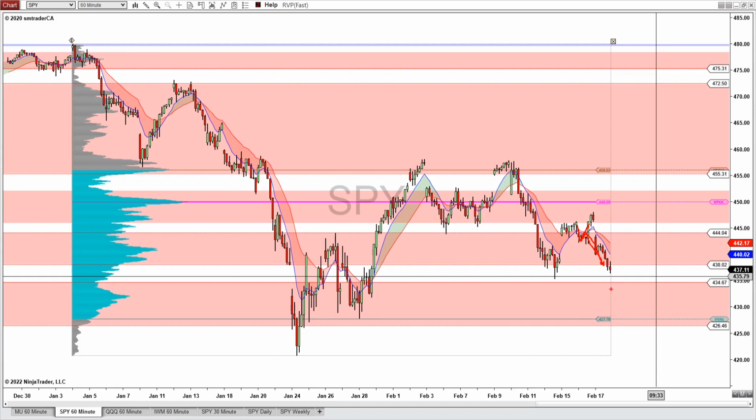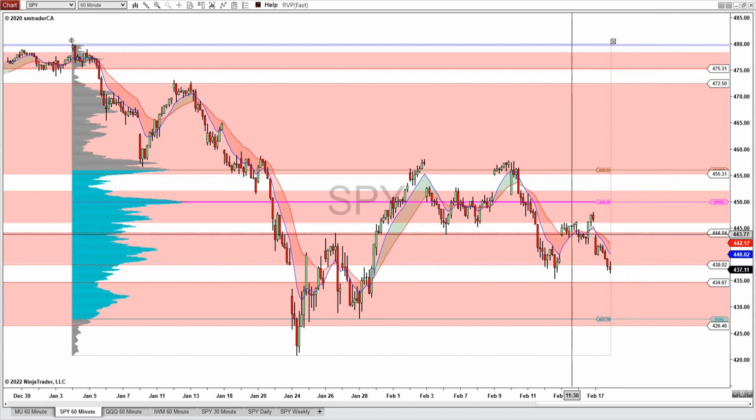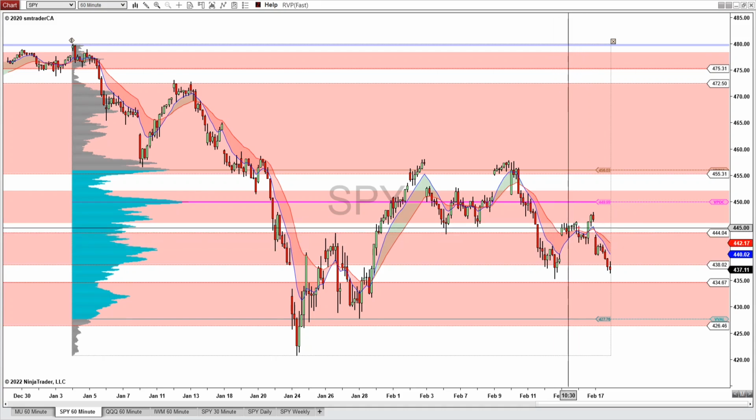As you can see, that did not play out the day after I put out the video. It did come in, but it did not get into that retracement mode down toward the lower edge of the zone. Instead, it bounced back up and got into this zone.